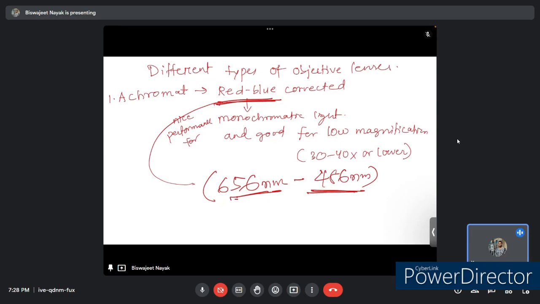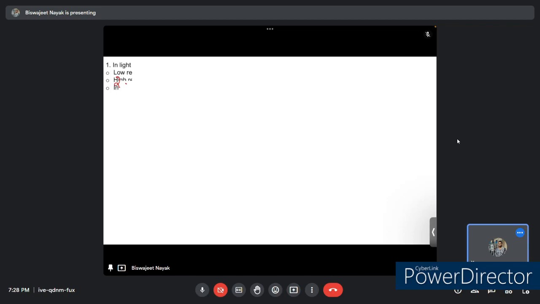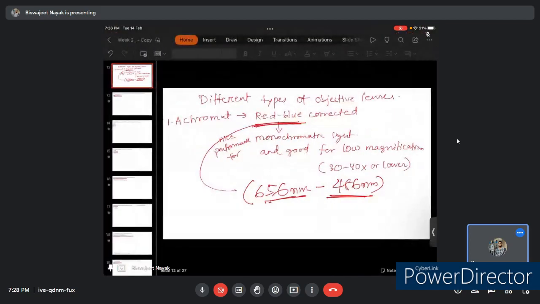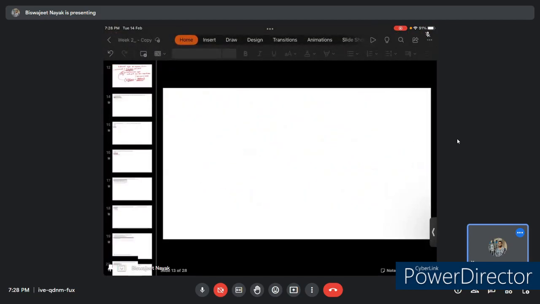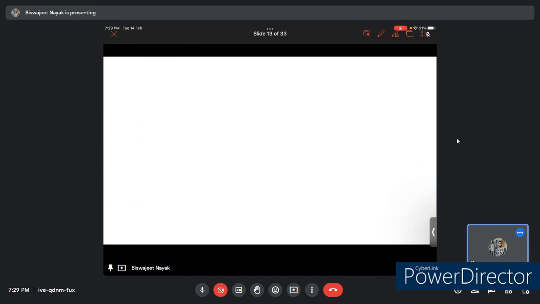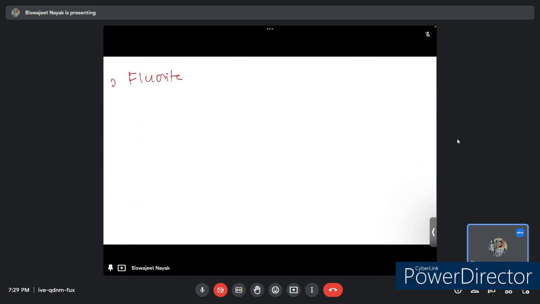The next kind of objective lens is fluorite, or semi-apochromat objective lenses.